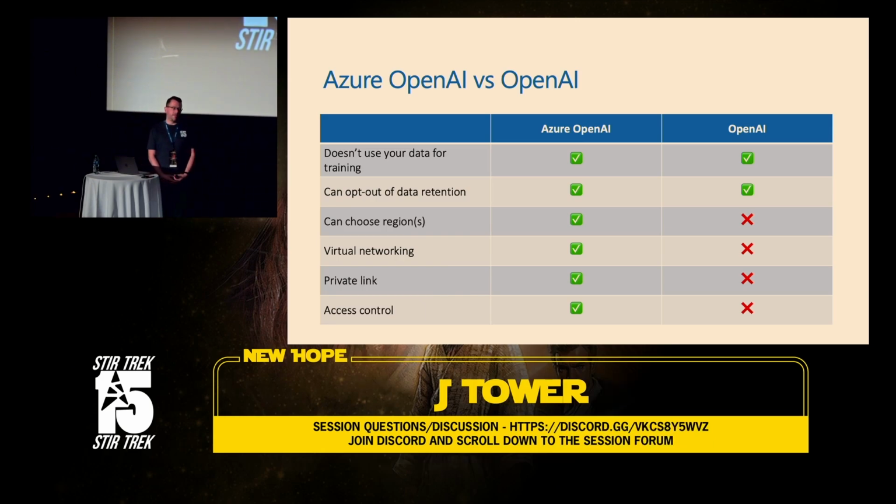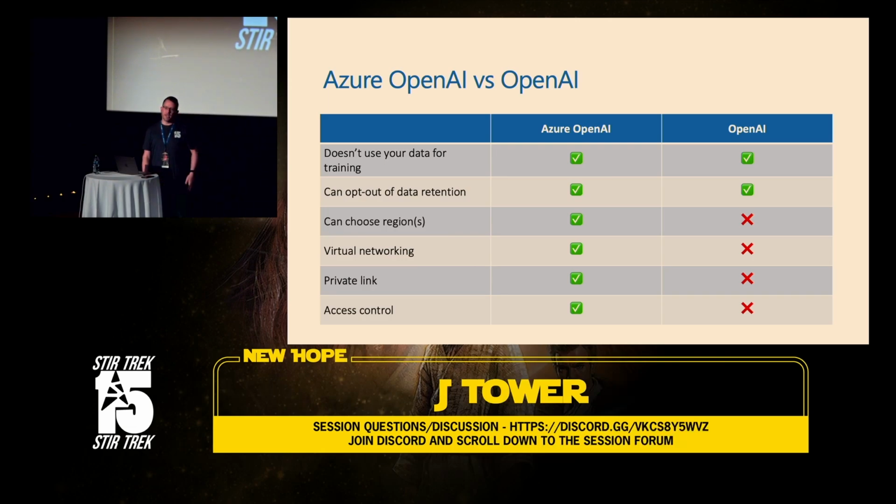The things that make them different are the things you might expect about Azure. Azure is more complex. It allows you to do things like having a point-to-point connection with your on-premise applications, so that only certain on-premise applications can connect through and talk to your OpenAI endpoint.